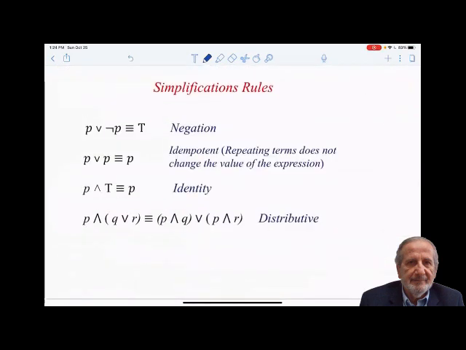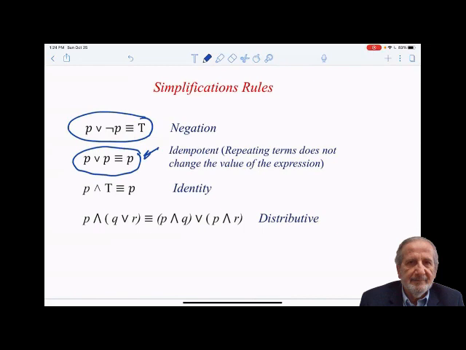Okay, so now the ideas, the rules behind the simplifications are very simple. The first one is P and not P is always false. P or P is the same as P. How do we use this? This tells me that if I repeat a term in an expression, it will not change its value.